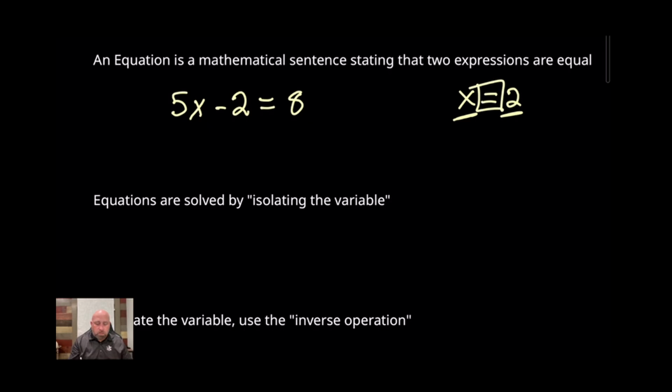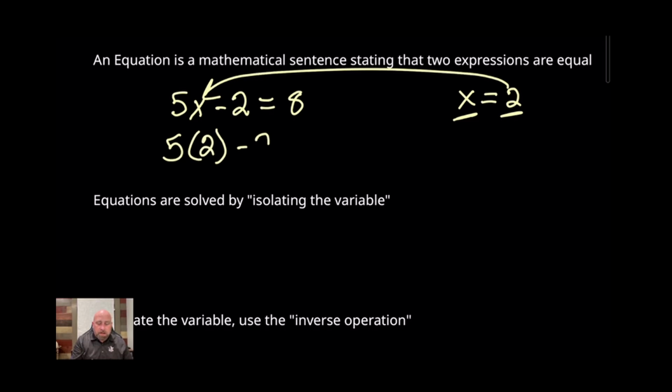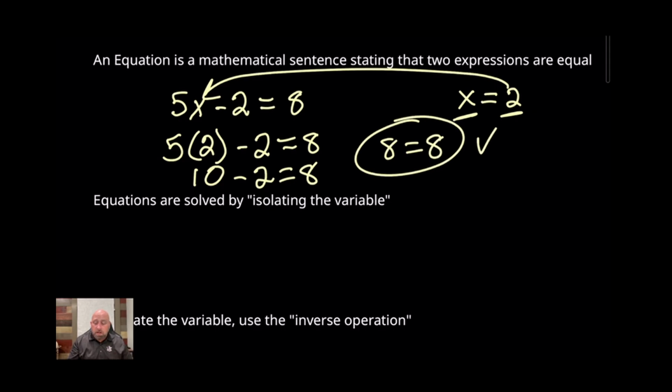If x equals 2, then over here where the x is, we can put the 2 in there. So now we have 5 times 2 minus 2 equals 8. Is this true? 5 times 2 is 10, minus 2 is 8, and then you come up with 8 equals 8, and that is a correct answer. So that checks out. In other words, x does indeed equal 2 in this situation.